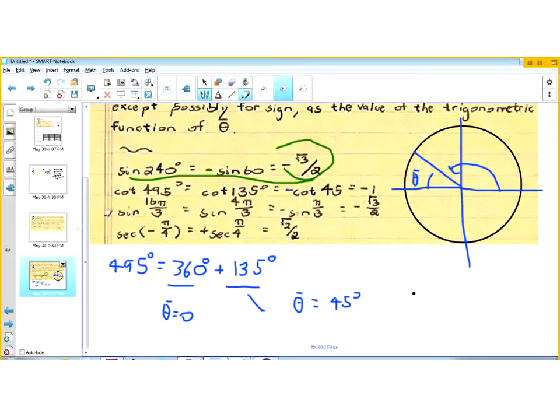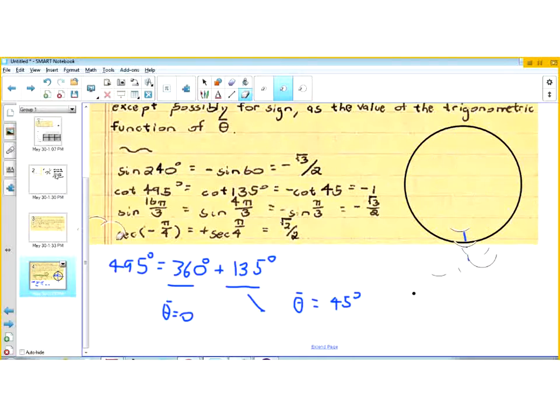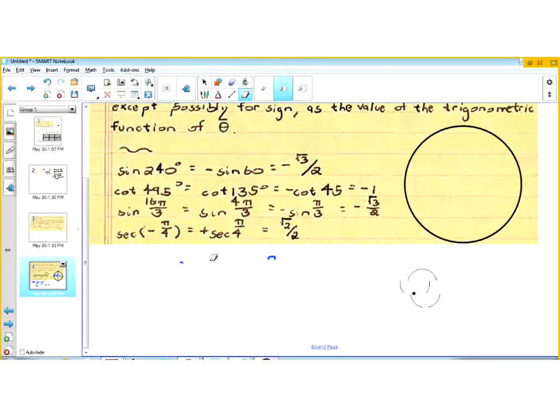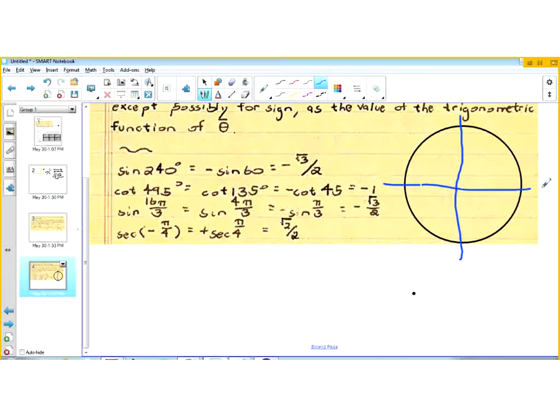Right, so what's next? The sine of 16 pi over 3. So let's tackle that one. What is the reference angle for 16 pi over 3?